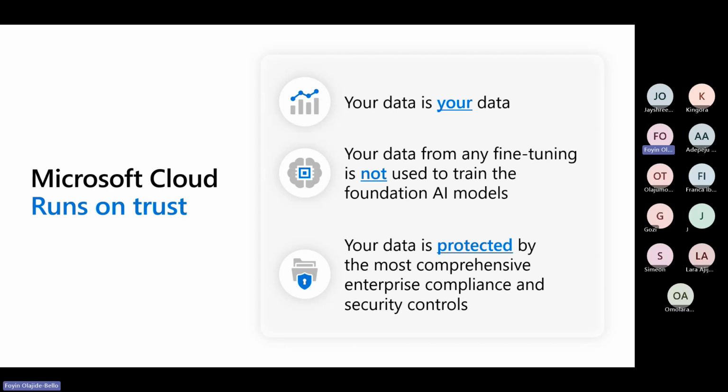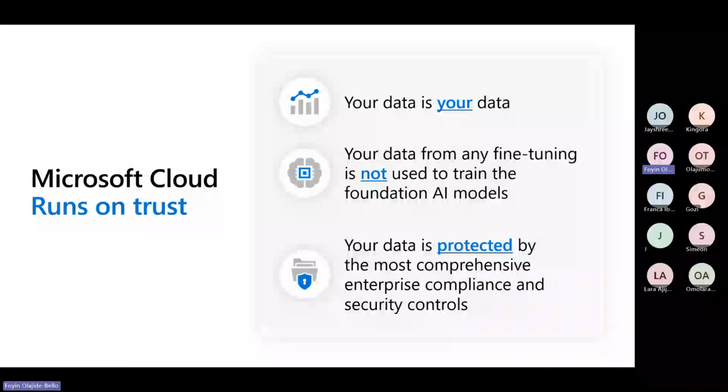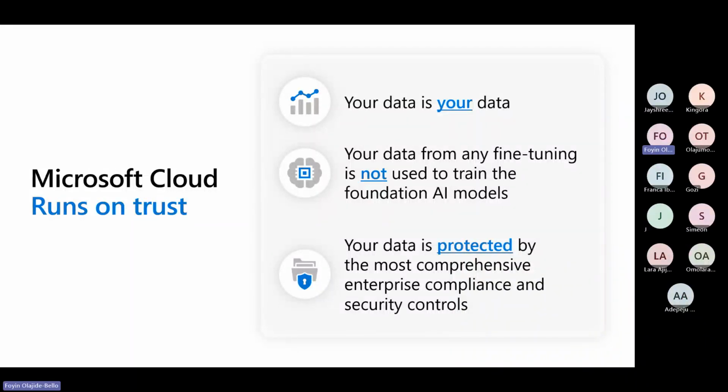ChatGPT stores your data for, I think, up to 30 days or something like that. So the data is stored somewhere. Your prompts are stored somewhere. And you should know that because when you go to ChatGPT, you see that all your history is there. If you are still able to access your history, it means that your data is stored somewhere. So that's what I was saying. Don't put anything in AI models generally. But Microsoft says they don't store your data, which we believe. They don't use your data to train their models.